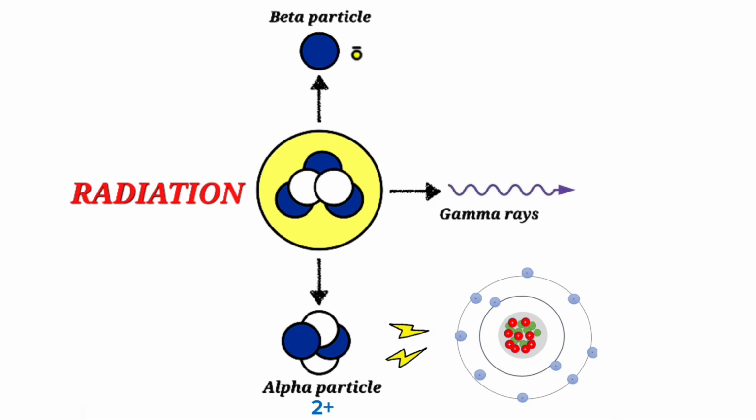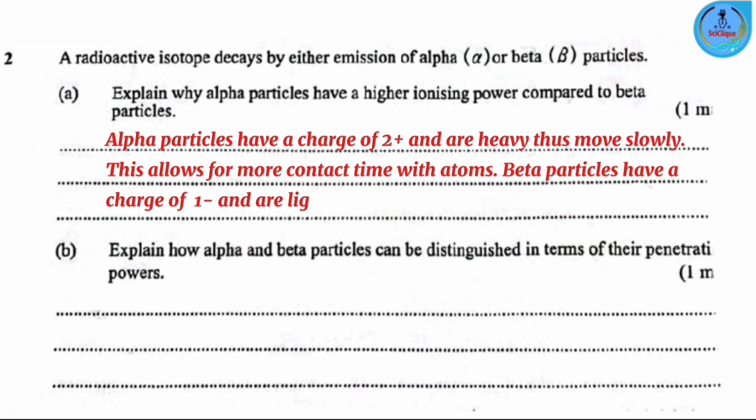Now, unlike beta particles, number one, have a negative charge of 1, okay? And they are also lighter. So they move faster and they are overall going to have less contact time with the atoms. So even though beta particles will also bring about ionization, it's not going to be as much as the alpha particles. Okay, I hope that is clear.